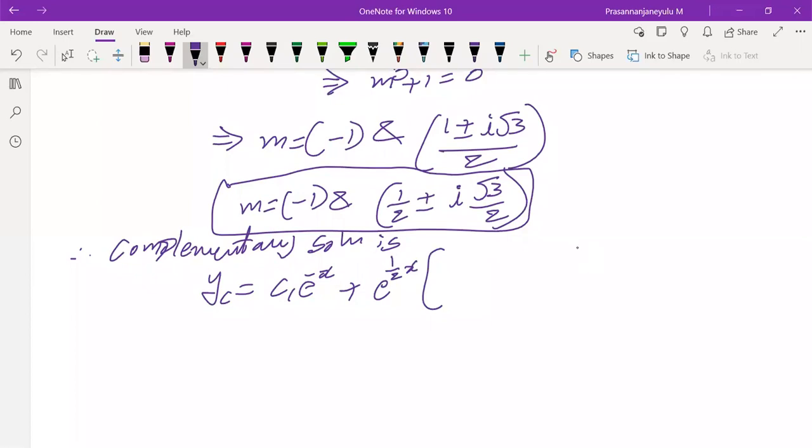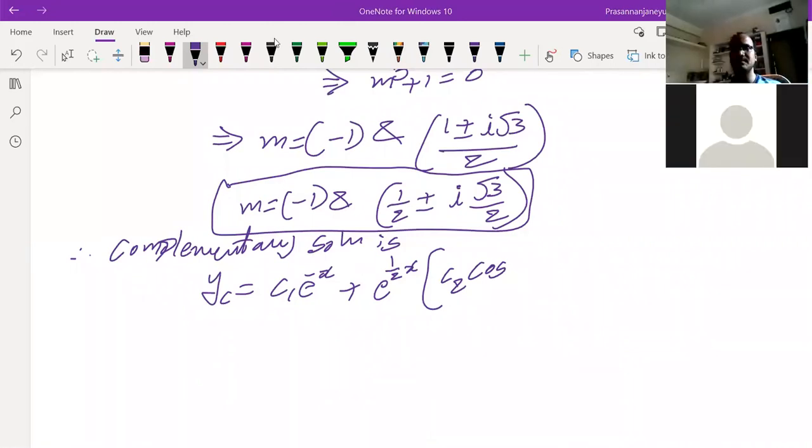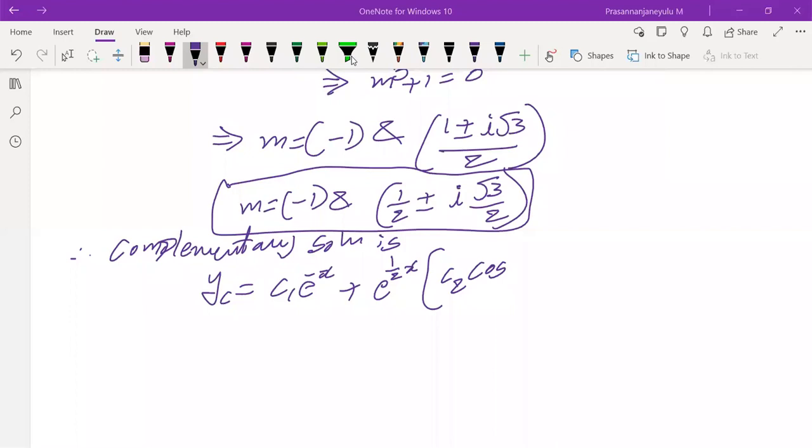Into, actually c1 we have to take according to the formulas, but here we have already taken c1. So we use c2 into cos, should we take cosh or cos only? Any idea? We have to take only the cos function, because complex roots give only trigonometric functions.